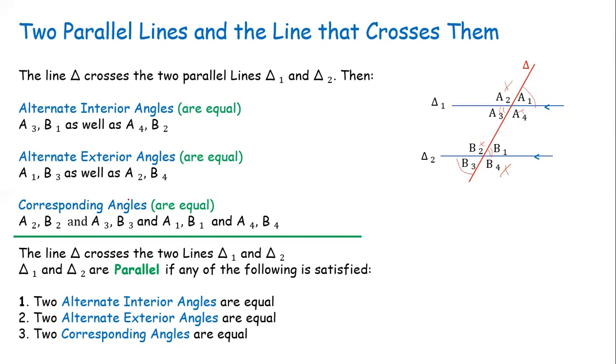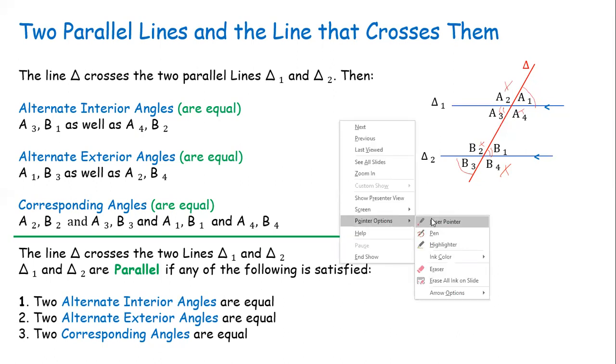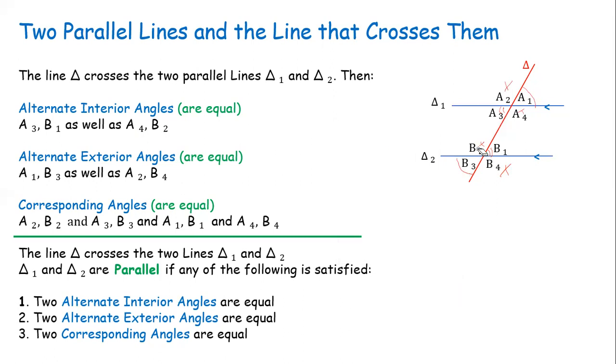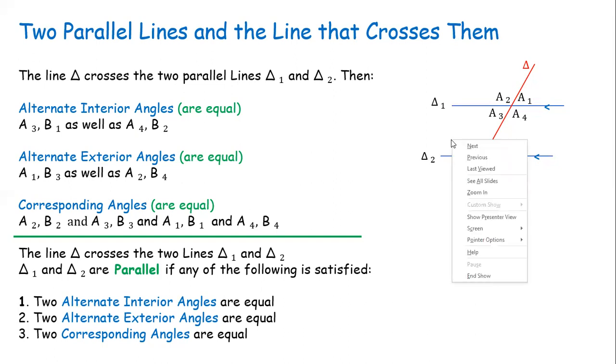Now, the corresponding angles, they also have equal sizes. For example, first let's remove the annotations. Okay, so for the corresponding angles here, we have A2 and B2.